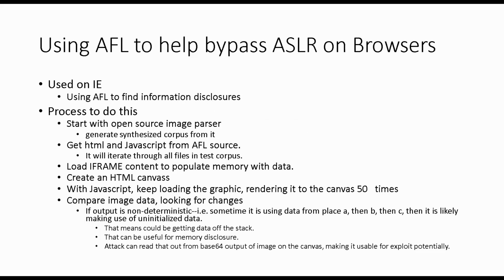So right here, this is a good example of how we could eventually use AFL to help us bypass ASLR, address space layout randomization, on browsers. In this example, we're using it on Internet Explorer to try and find an information disclosure, the information disclosure being maybe the memory address of a function that's on the stack, and from there we could deduce the base address.